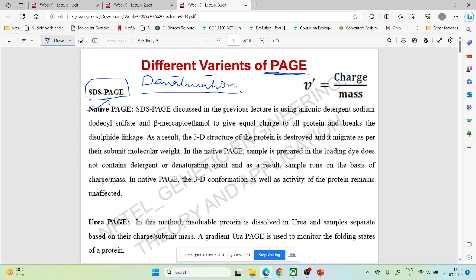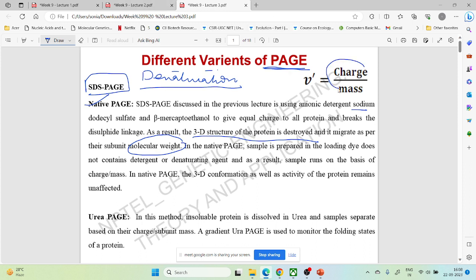So basically in SDS PAGE you have your anionic detergent, sodium dodecyl sulfate, and beta mercaptoethanol. This beta mercaptoethanol breaks the disulfide linkages, and sodium dodecyl sulfate imparts negative charge to the proteins. So the 3D structure of the protein is destroyed, and therefore the movement is only on the basis of molecular weight, because each and every protein has negative charge because of SDS. Basically, your mobility depends upon charge by mass.